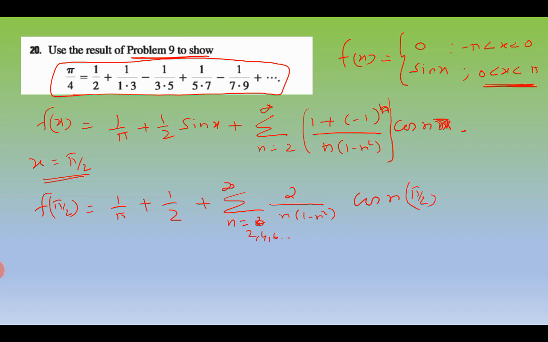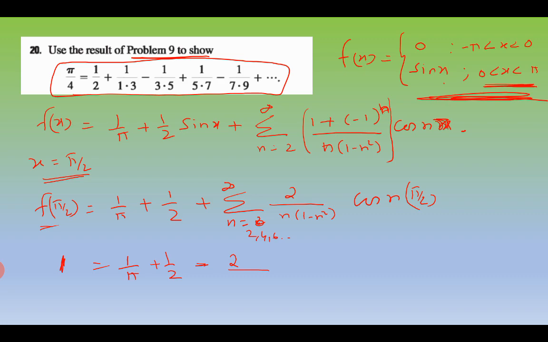Cosine n x actually here, x will be pi by 2. Now you have expanded. f of pi by 2 is sin pi by 2, which will be 1 on the left side. This can be found from this function. Now 1 by pi plus 1 over 2 minus, now give even numbers for n.